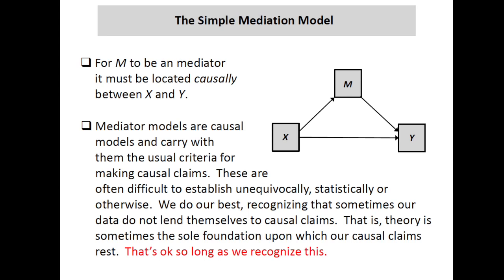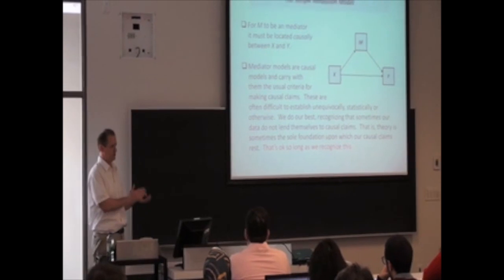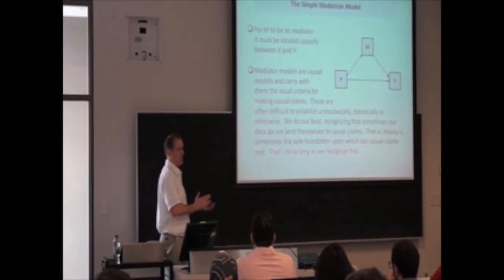So M, this intermediary, or what is called a mediator, is something that has to be thought of as causally located between X and Y. In other words, it's the middle variable in a chain of causal events.